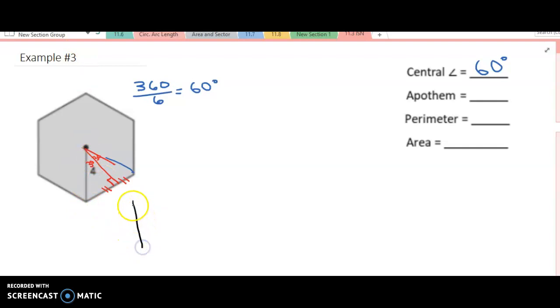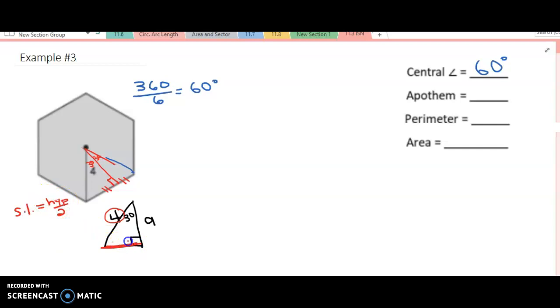So 30, this is 4, this is my apothem. So I can use properties of 30, 60, 90 triangles, so go back to those. This is my hypotenuse. The short leg equals hypotenuse divided by 2.